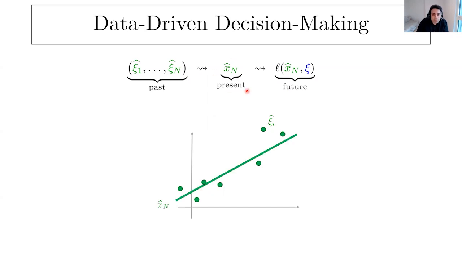Speaking of decision, you can think about how we parameterize a 2-dimensional hyperplane, and that's the decision that we want to make based on these data points. When you talk about the loss function, you can think about these values as the mismatch between the curve that we fit to the data and what we actually wanted to describe. So these are the loss function evaluated on the past data points. But these are not, as I mentioned earlier, our particular point of interest. What we are interested in is what happens if new data is generated. If data is generated, what would be the loss function evaluated at this new data point?